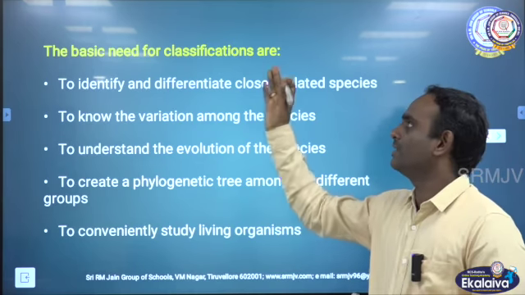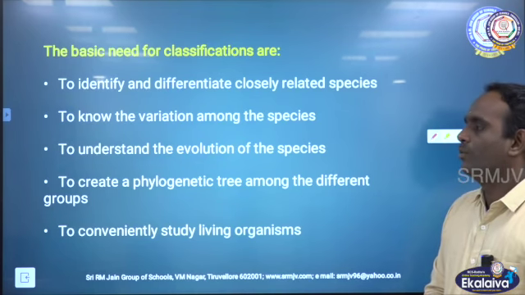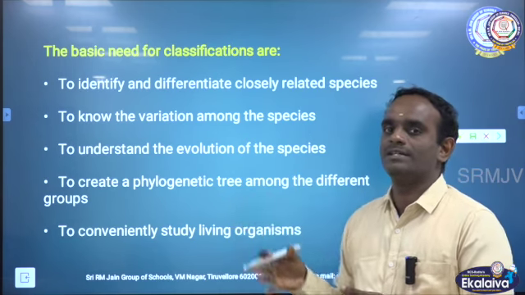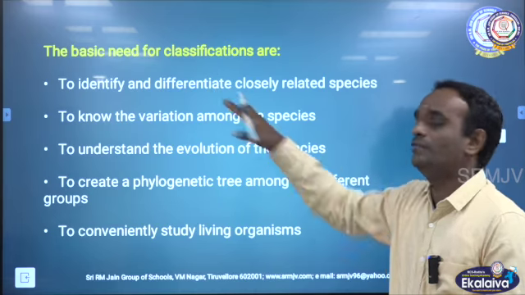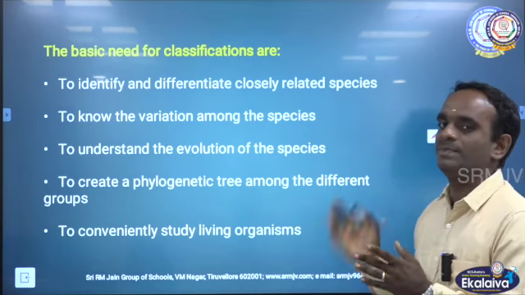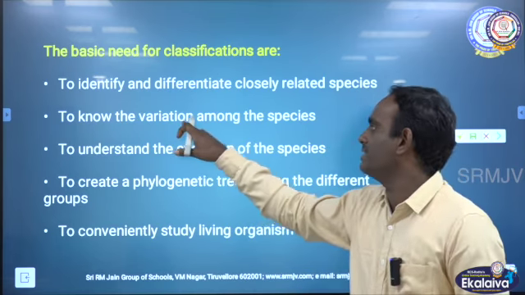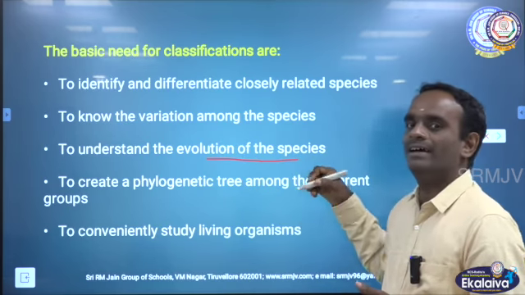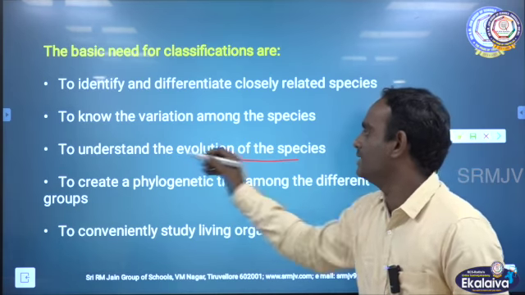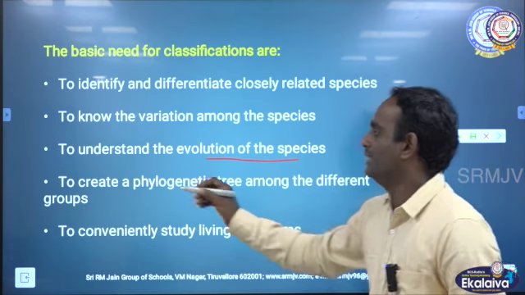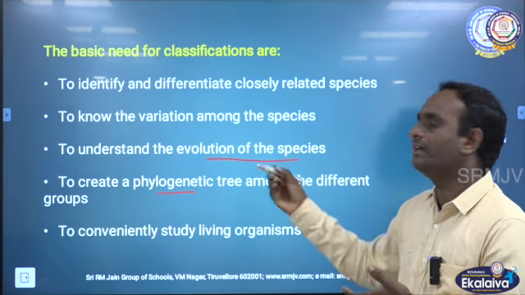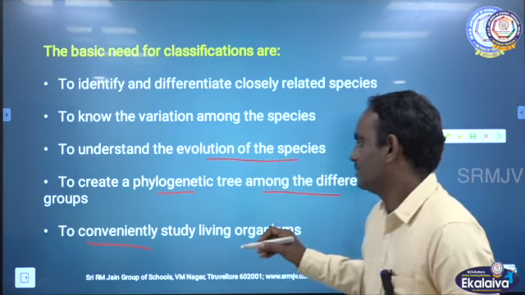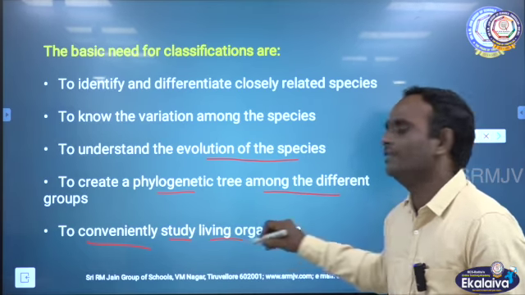Then the basic needs for classification: why is classification essential, why is classification so important? See, to identify and differentiate closely related species, to know the variation among the species, to understand the evolution of the species, to create a phylogenetic relationship, a phylogenetic tree among the different groups, and then for convenient study among the living organisms.